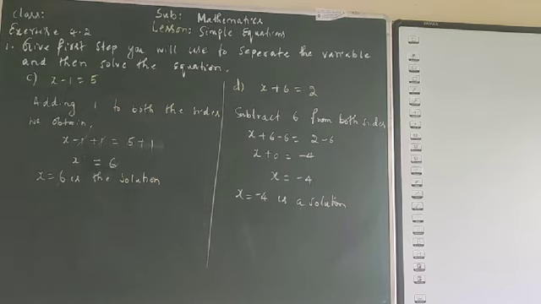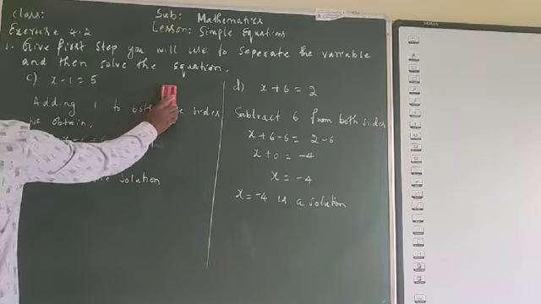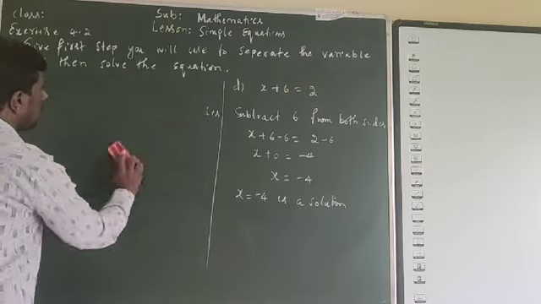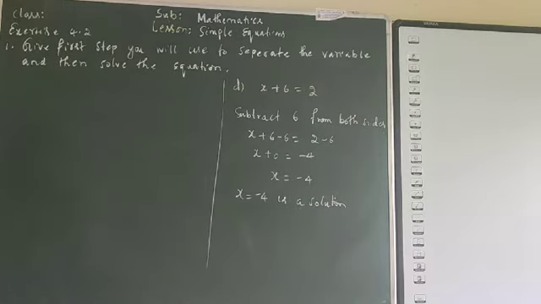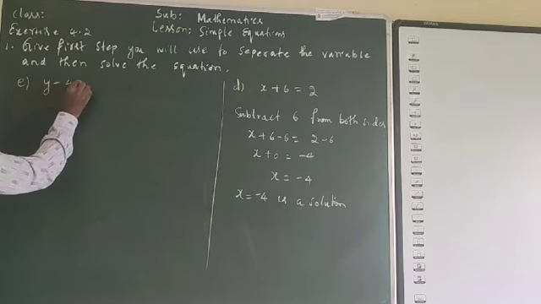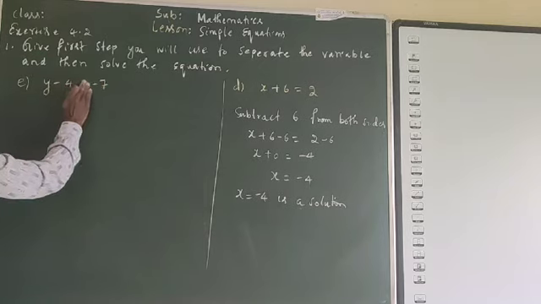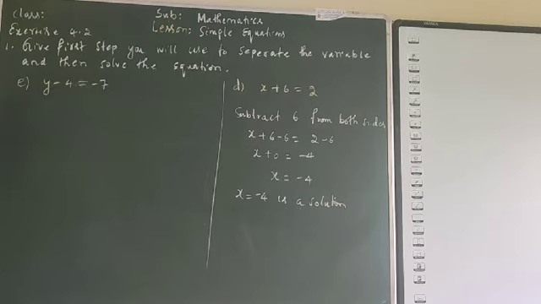So now, some of the questions I will give to you as homework. D, E, y minus 4 is equal to minus 7. 4 is subtracted. So what do you need to do? You should add 4 to both sides.